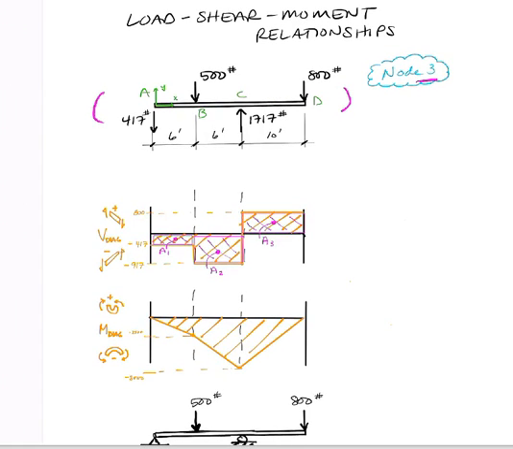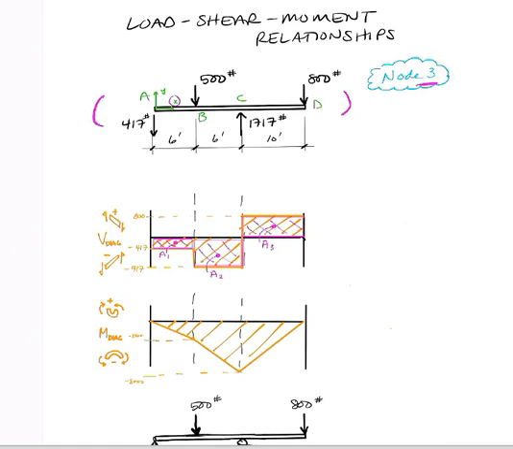And so what we're going to do is move left to right across the beam, and as we encounter different loads, our shear diagram is going to change. As I think of this as moving in the positive x direction, as we first get onto the beam, we encounter a 417 pound load that's going down.